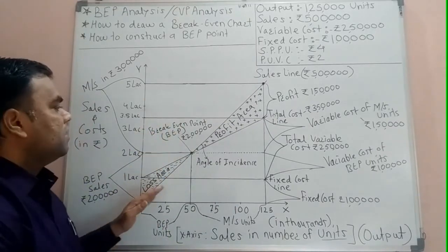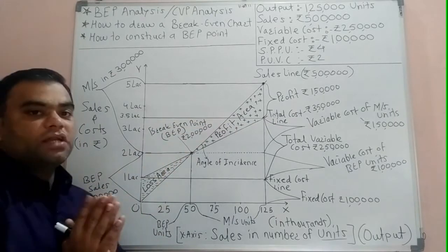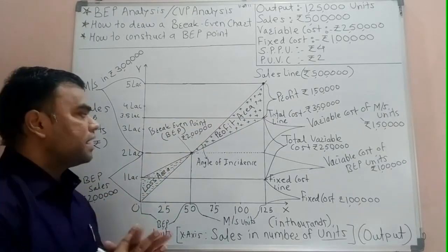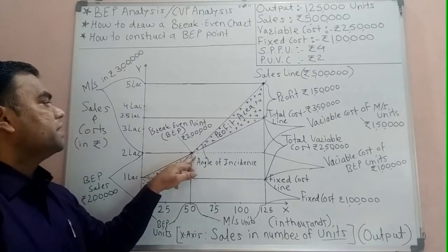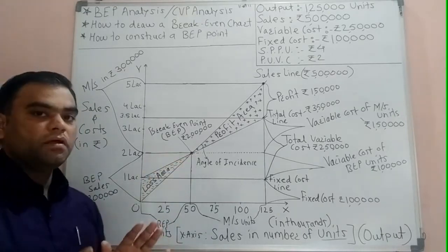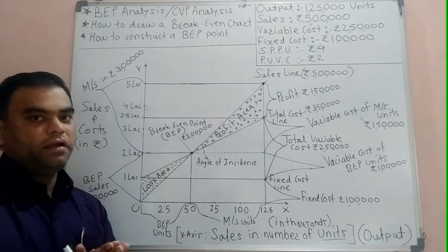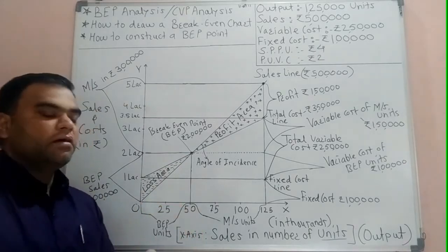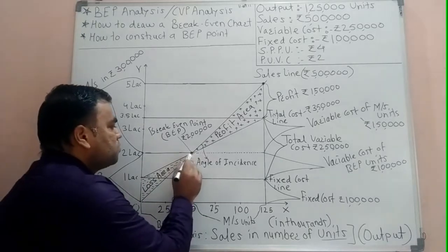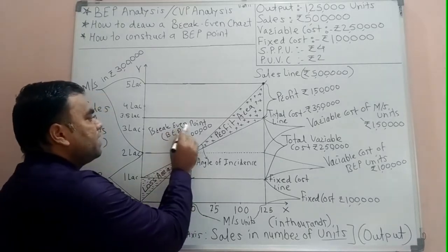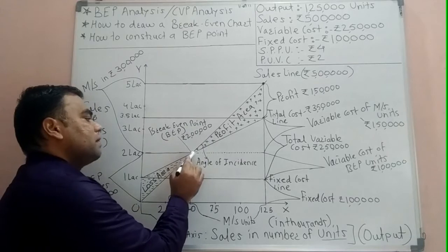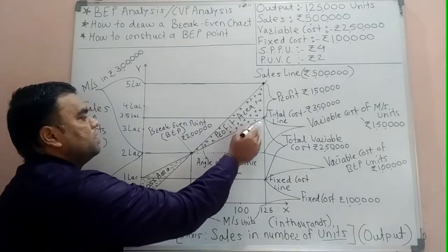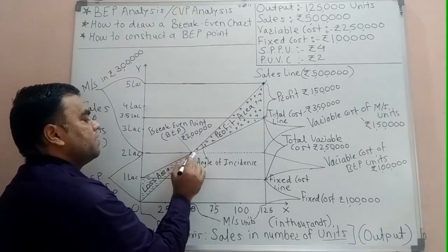If you draw the sales line and the total cost line, the point created by their intersection is called the break even point.